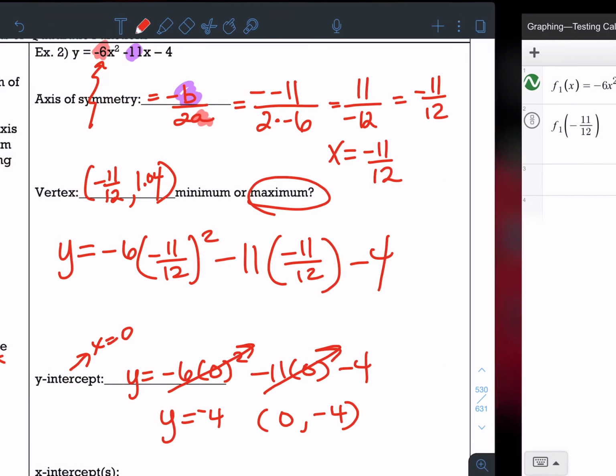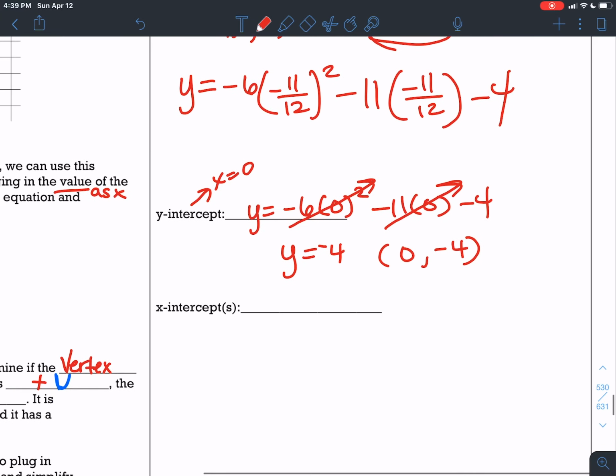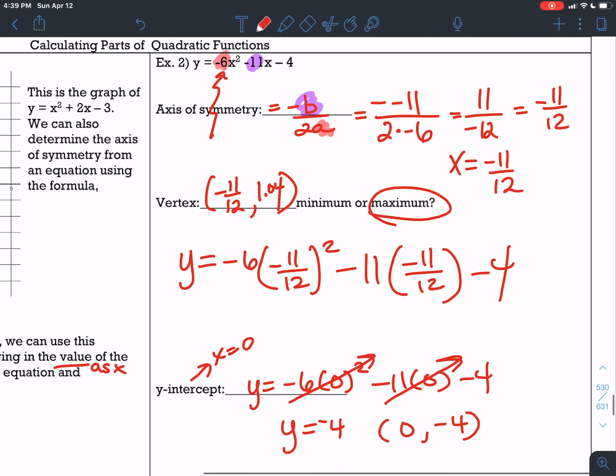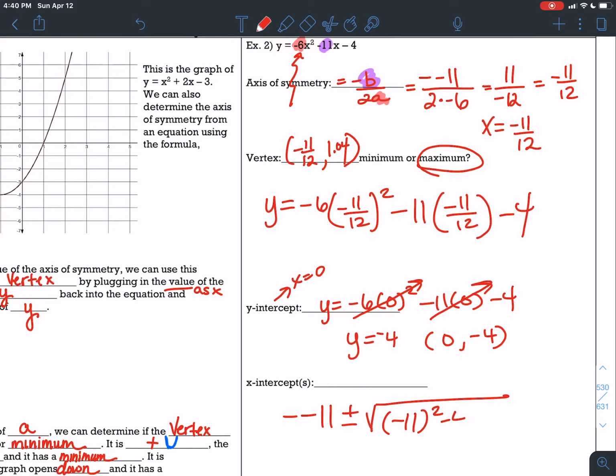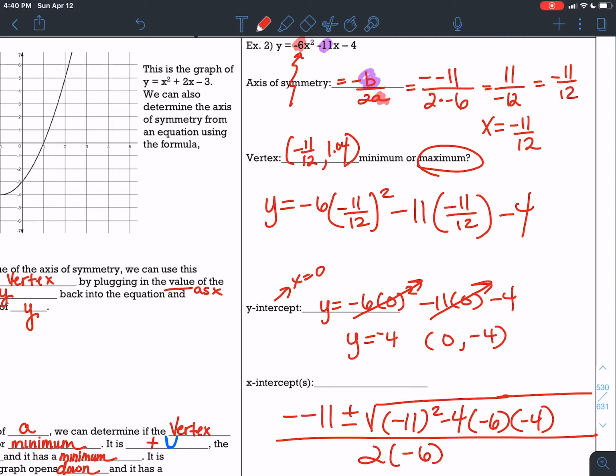Now let's go ahead and solve for those x-intercepts. This one looks like it's going to be really crazy because these numbers are really ugly. So I would use my quadratic formula for this. I would say negative b plus or minus the square root of b squared minus 4 times a times c, all divided by 2 times a.